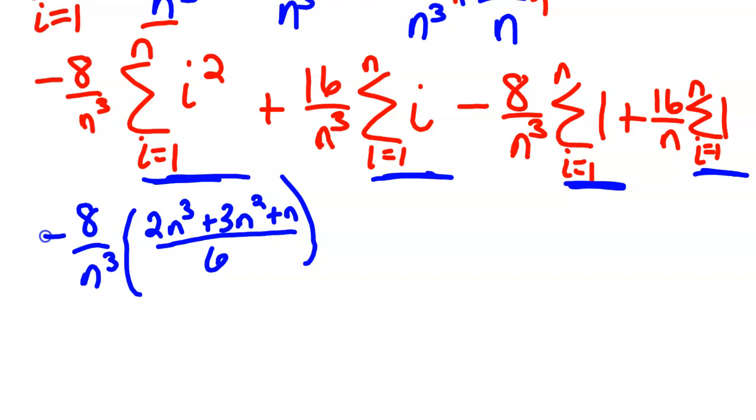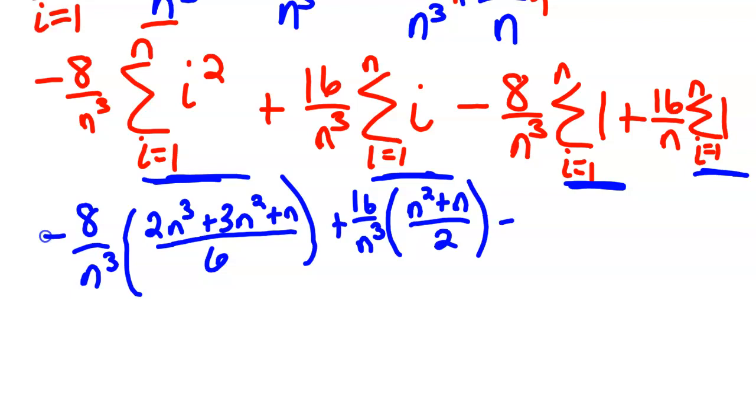And then you do the same here, plus 16 over n cubed, but now it's just the summation of i, so that was n squared plus n divided by 2, minus 8 over n cubed. We know that the summation of 1 is just n, so I put that in place. And then the last one, plus 16 over n. And again, the summation of that is also n, the summation of 1 again.